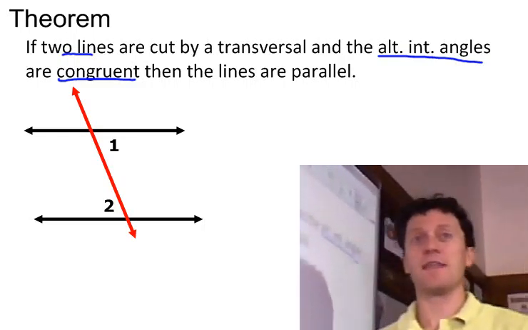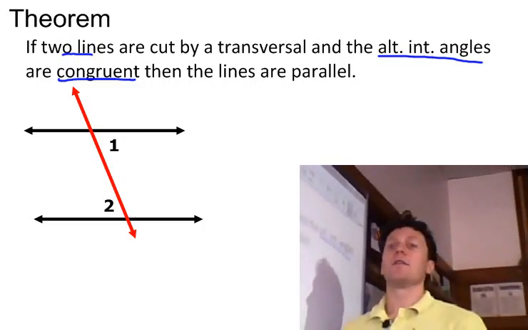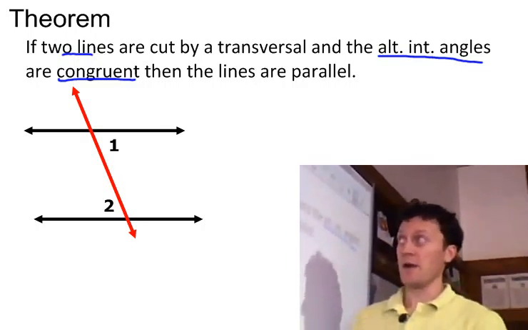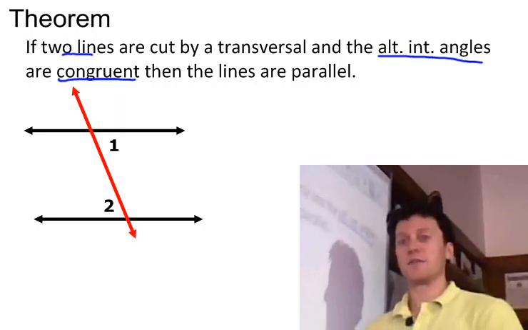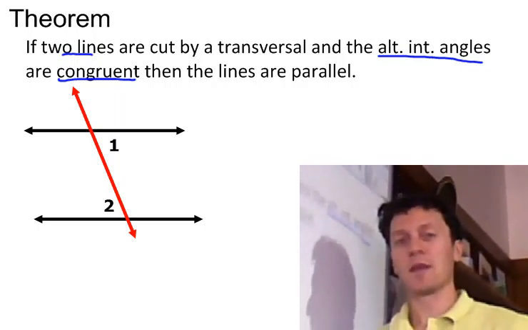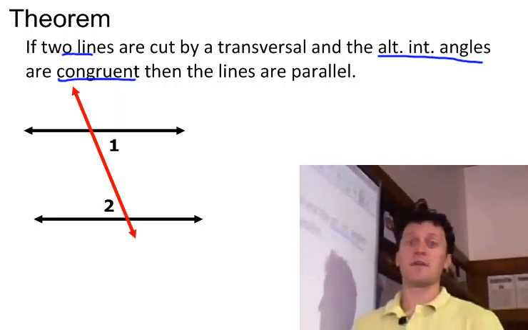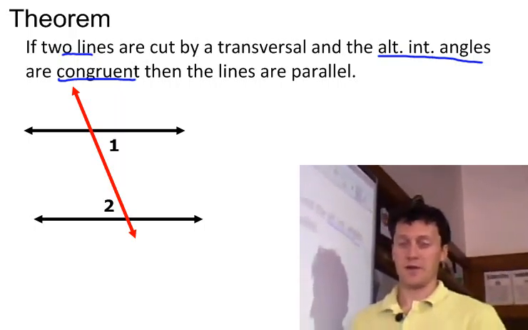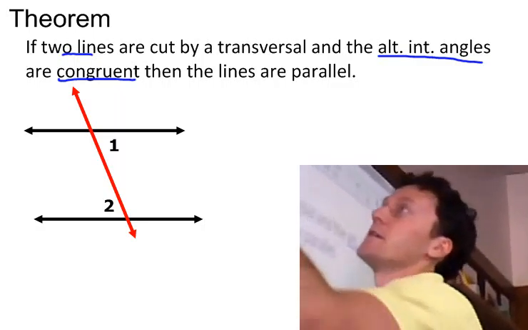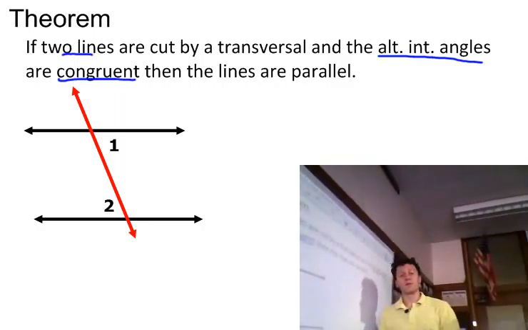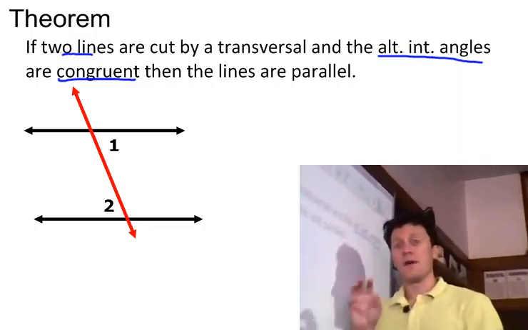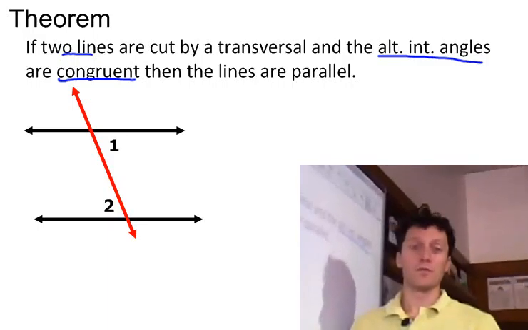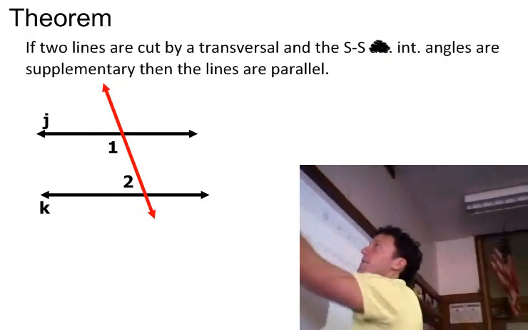Last time we said if the lines are parallel, then the alternate interior angles are congruent. This time we're saying if the alternate interior angles are congruent, then the lines are parallel. So this is a way to prove that we have parallel lines. Showing that we have alternate interior angles that are congruent will prove that we have parallel lines.